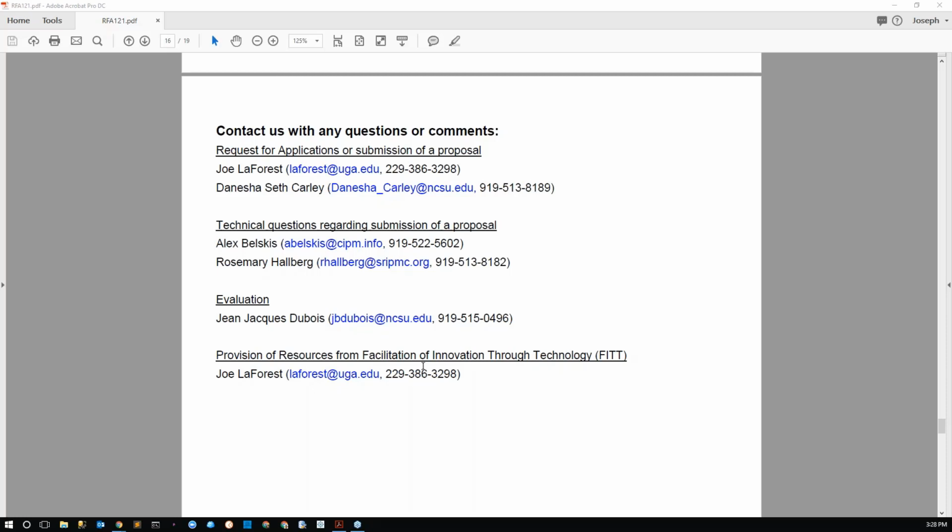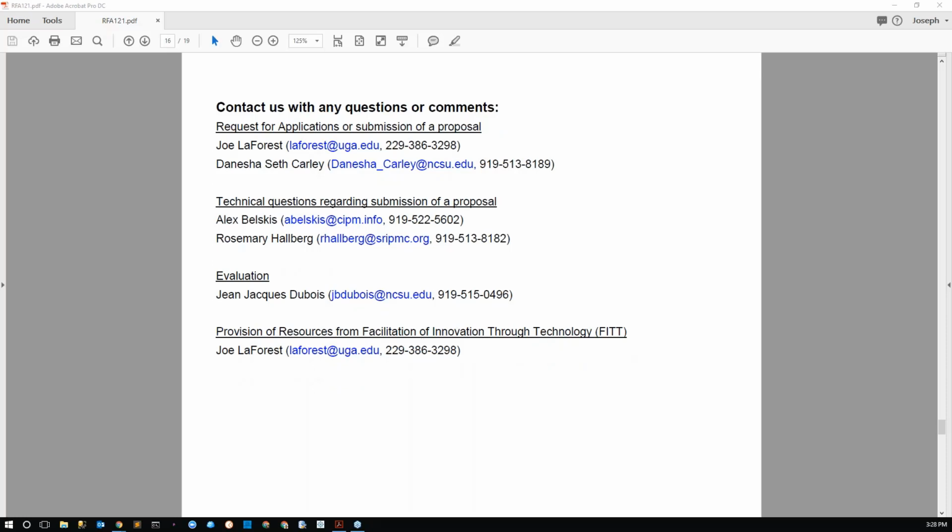One of the items in here is the provision of resources from Facilitation of Innovation through Technology.